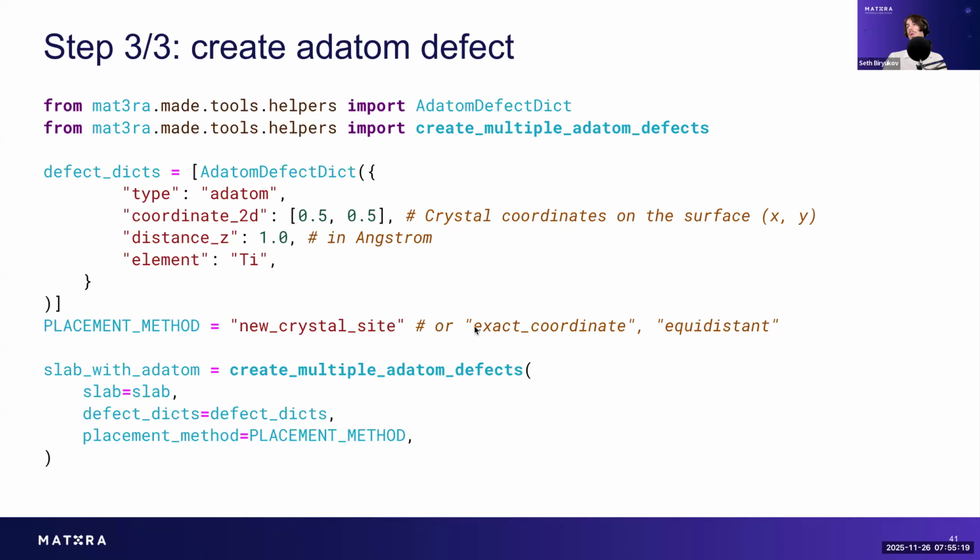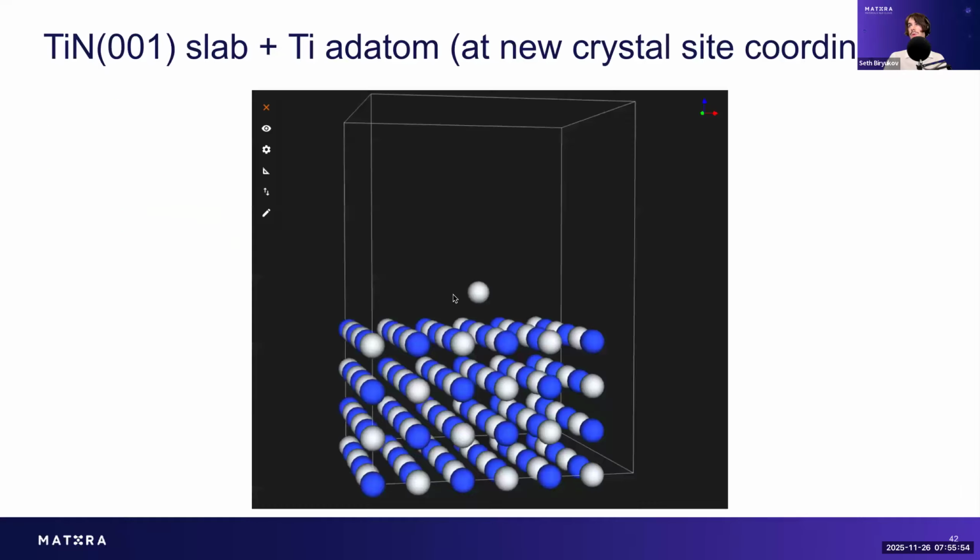We can also use the exact coordinate placement method to place the exact coordinate that we provide, or equidistant, which will find all of the atoms in the vicinity of this coordinate and then resolve to the coordinate that is equidistant from all of the surface atoms. Then we use the create multiple adatom defects helper function, provide the slab, the defect dictionaries, and the placement method for all of them. And as a result, we'll get a structure.